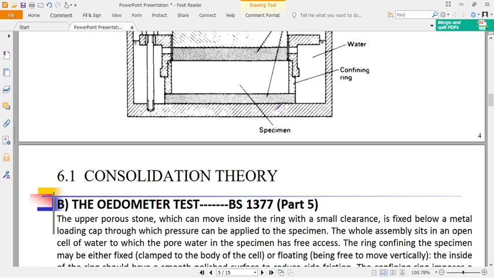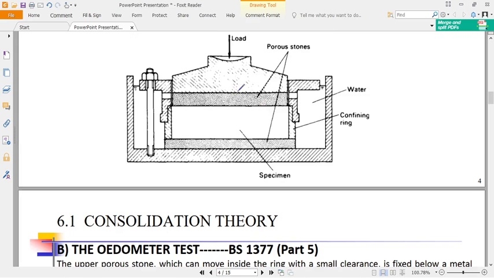So when it's smoothened, then when you apply a loading, obviously the other sides experience zero strain. So what do you have?